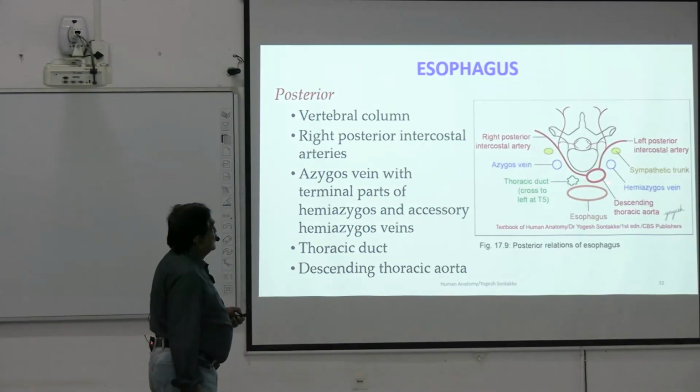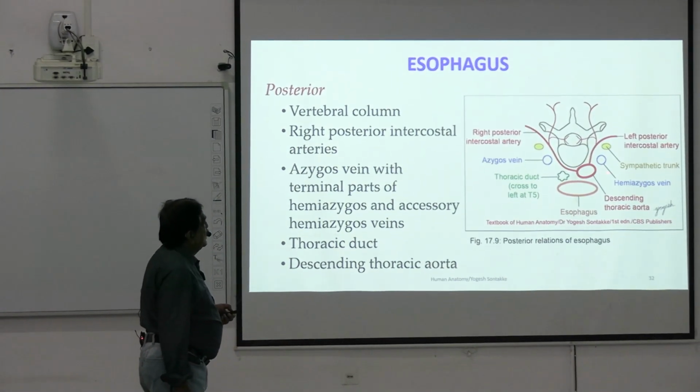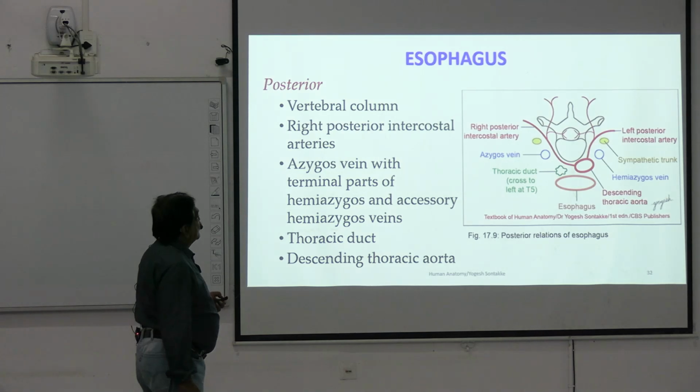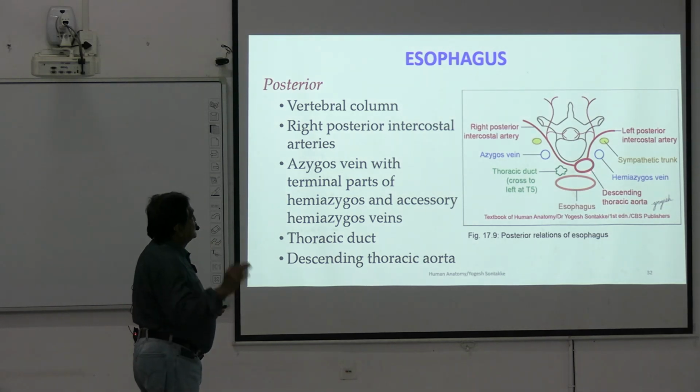And see what are the arteries. This is the descending thoracic aorta, the left posterior intercostal artery, this is the azygos vein, sympathetic trunk, all are visible in the dissected bodies. And this is the esophagus, this is the thoracic duct, crossing to the left at the T5 level.